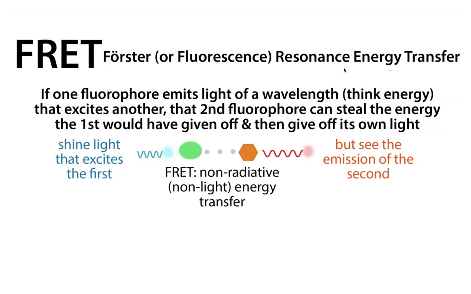So if it emits light that has the energy that excites another fluorophore, another molecule that can absorb light and fluoresce, then that fluorophore can steal the energy that the first one would have given off and then give off its own light. So when you shine light that excites the first one, what you're going to see is actually the emission of the second one. And so we'll get much more into detail about what's actually going on.